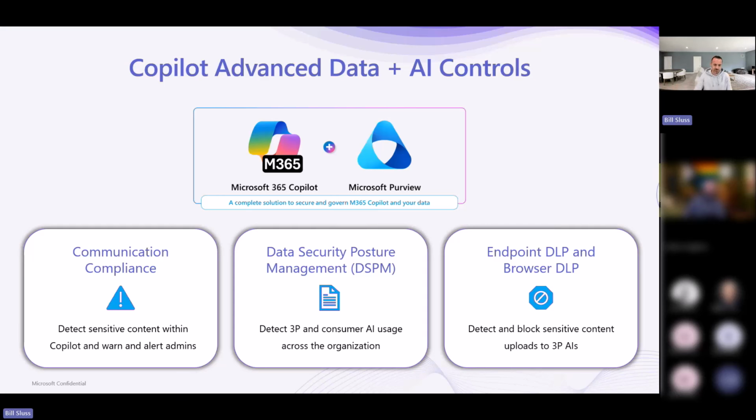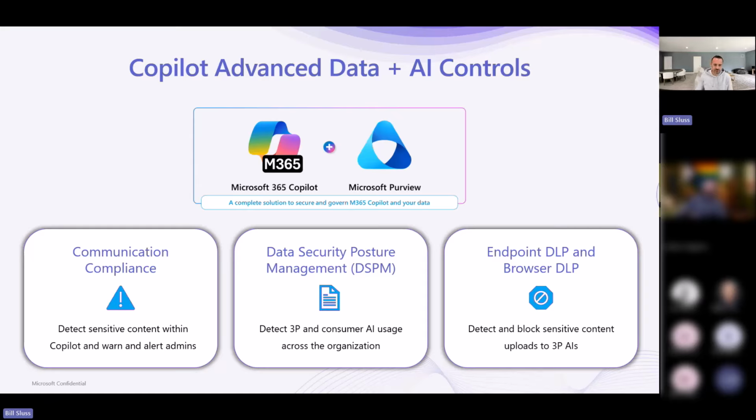If somebody can just upload data. And so what DSPM offers you is the insight of which third-party AIs are actually being used within your organization. So if you want to take the additional step of shutting down web access or a particular app, you have the knowledge to know what to turn off and block.